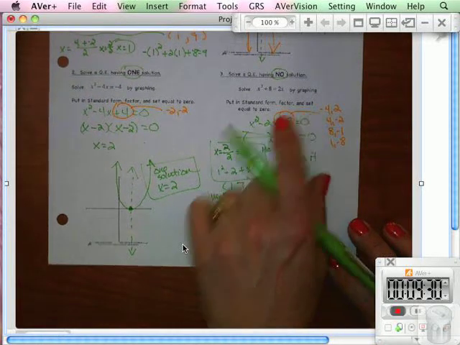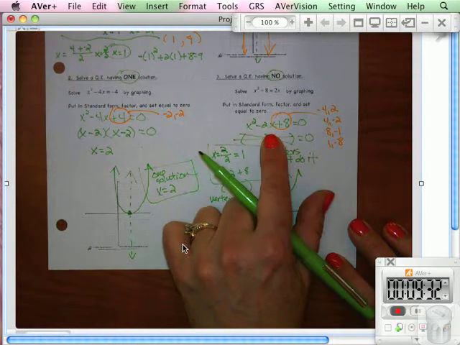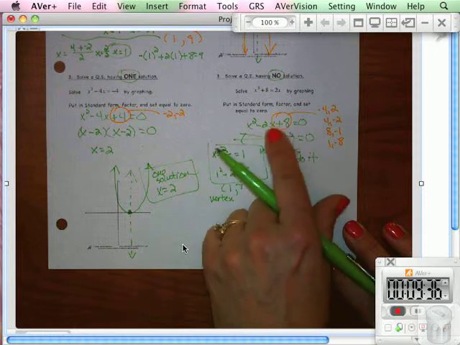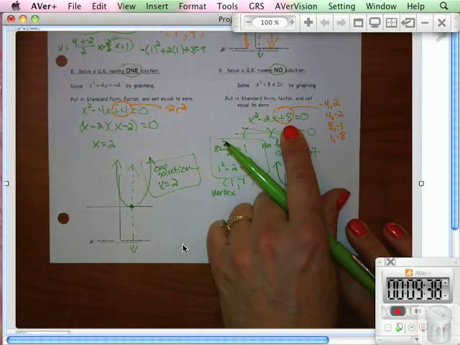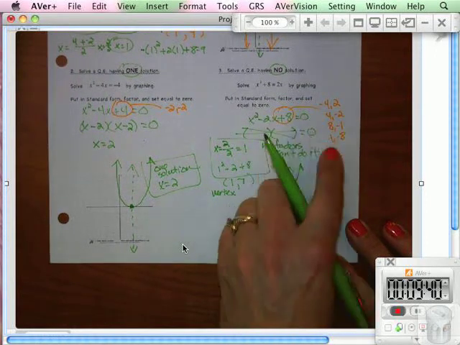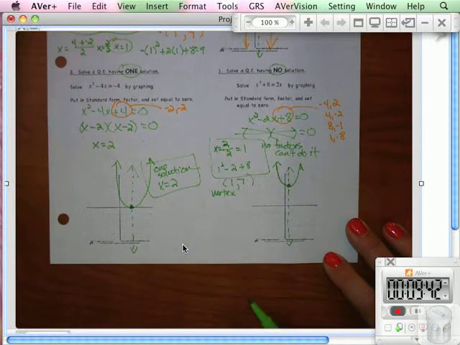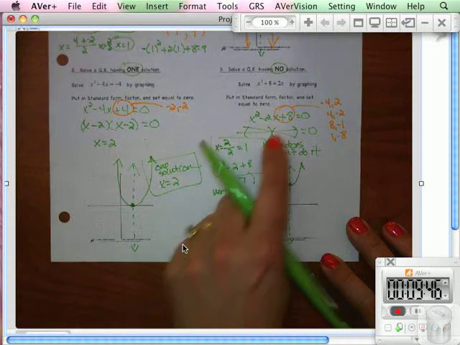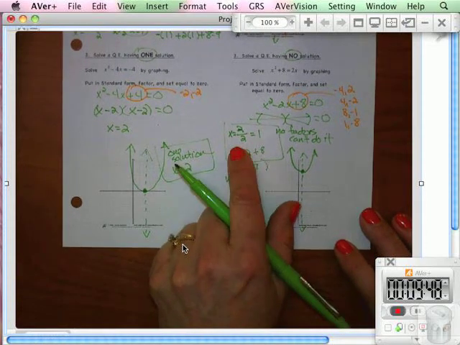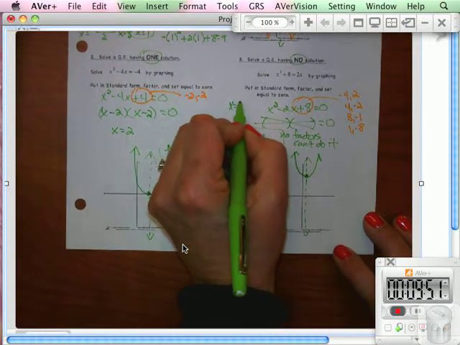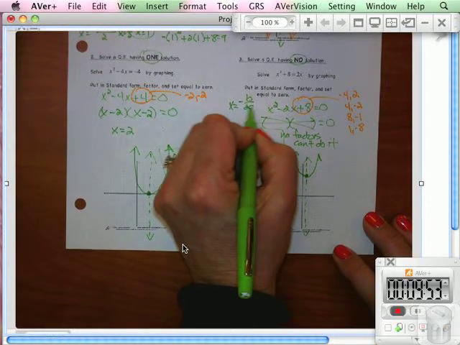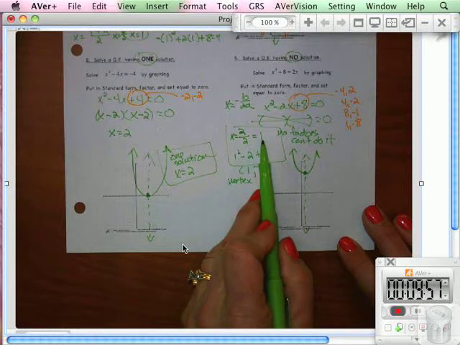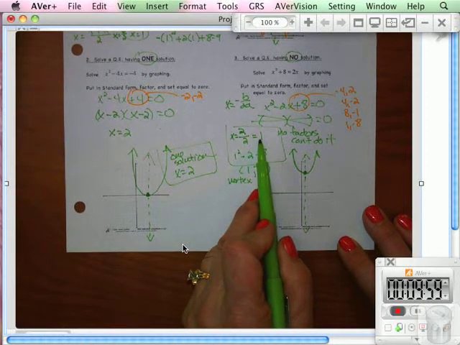Did you follow me here? Did you figure out that we don't have any factors that would work for this particular equation? Nothing that multiplies to 8 that adds to negative 2. But just to be sure, I decided to find the axis of symmetry using my formula, which I know to be this. I plugged that in, and I found the axis of symmetry is x equals 1. Graphed that.